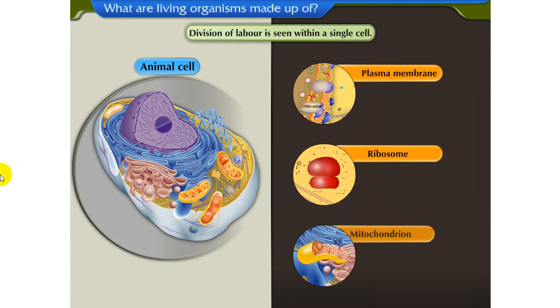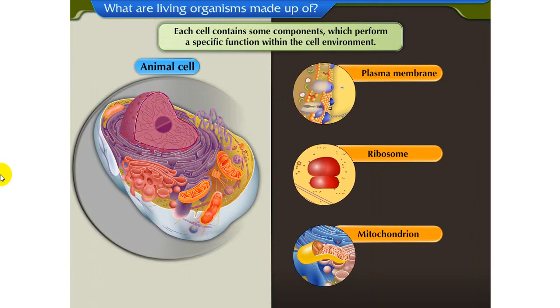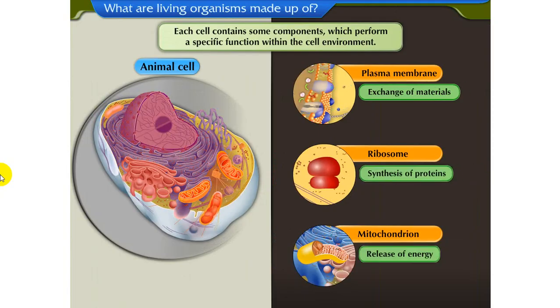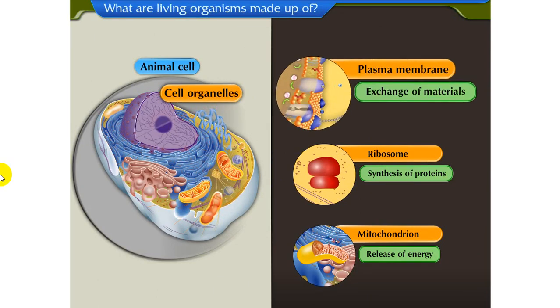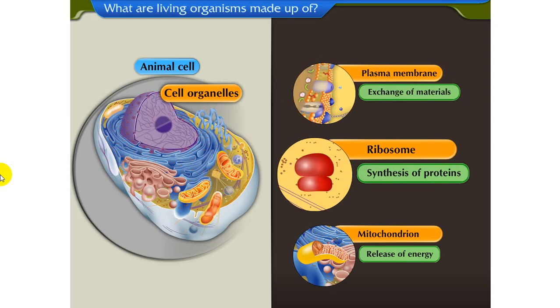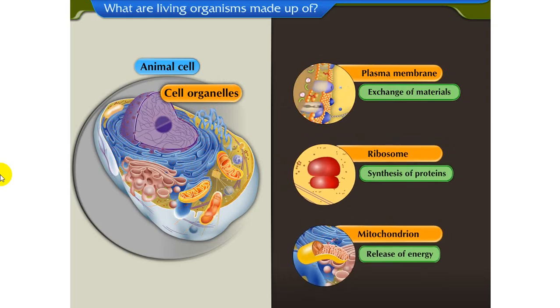Division of labor is seen within a single cell. Each cell contains some components which perform a specific function within the cell environment. The different components of a cell are known as cell organelles. Exchange of materials, synthesis of proteins, and release of energy are some of the specialized functions of the cell.